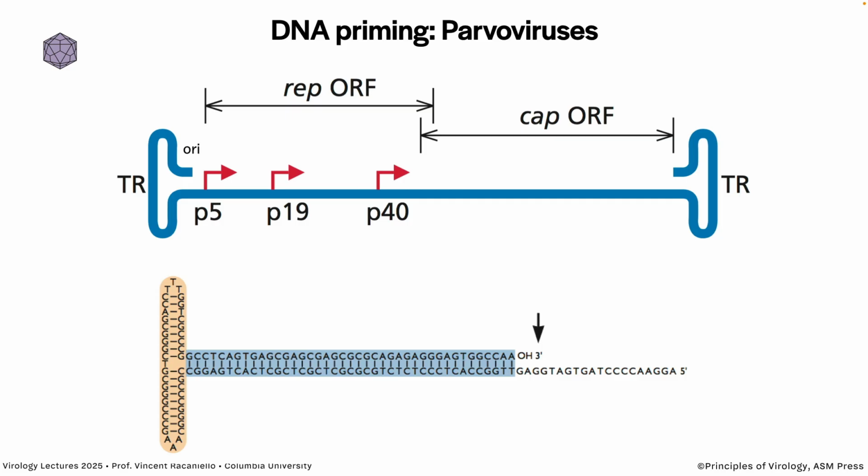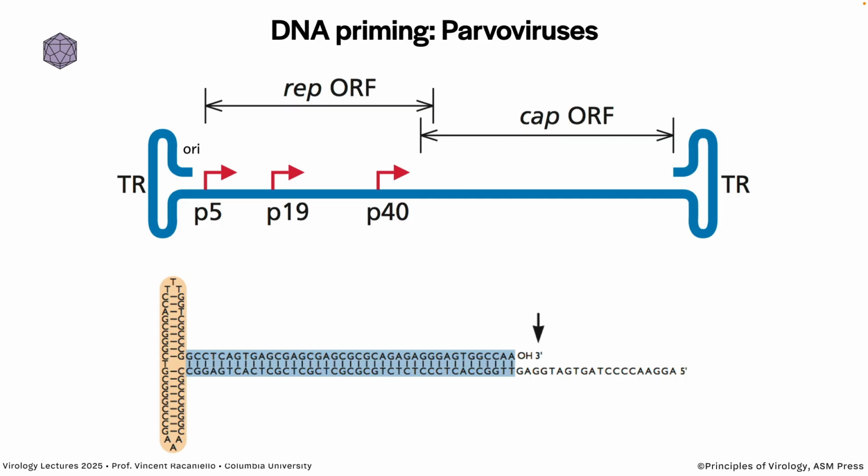Okay, so that was SV40, double-stranded circular DNA. Let's look at parvoviruses that have a single-stranded genome with these structures at the end called terminal repeats. And at the bottom is the sequence of the terminal repeat. So basically, most of the genome is single-stranded.